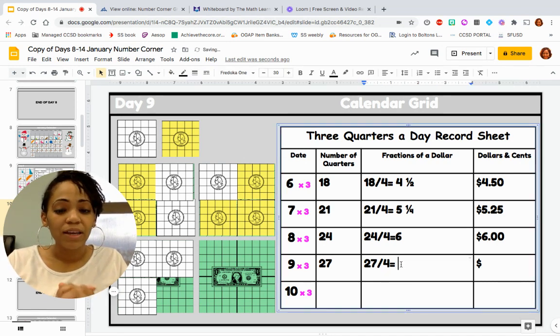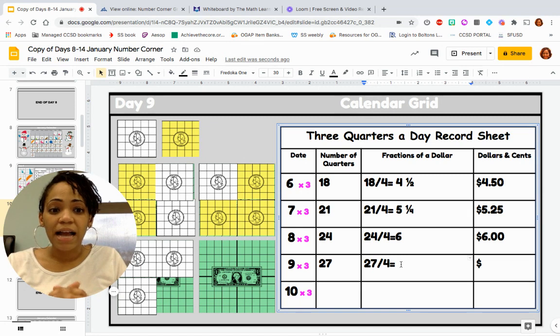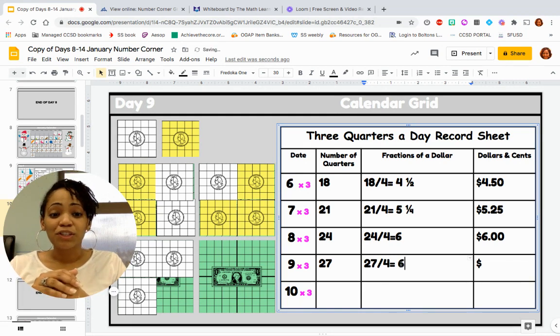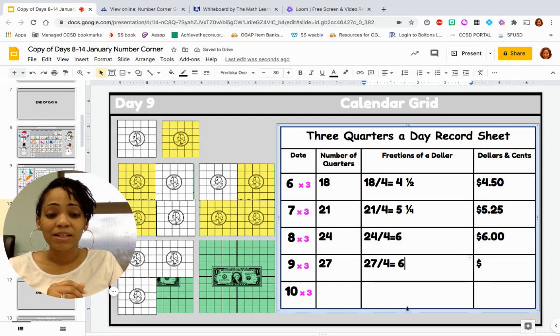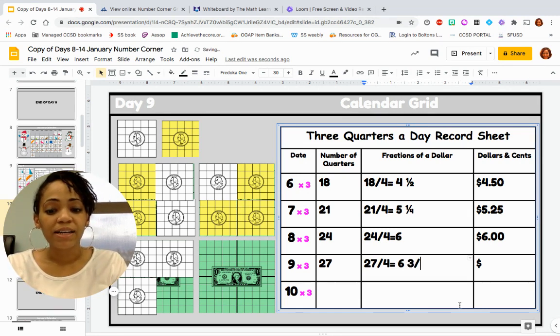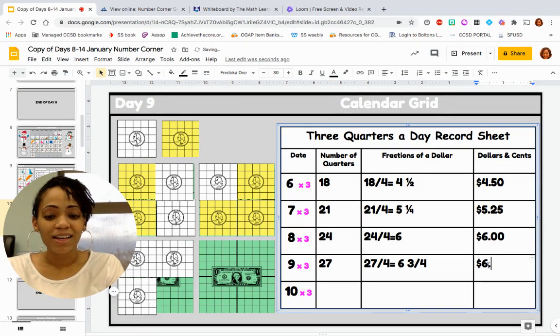So the question is, how can we make that into a proper fraction or a mixed number? 27 divided by 4. What times 4 gives you a number close to 27? We should know 6 because yesterday it was 6. 6 times 4 is 24. And then we have 3 left over. So we have 6 3/4, which is how much money? $6.75.